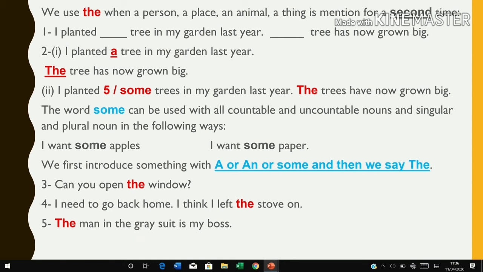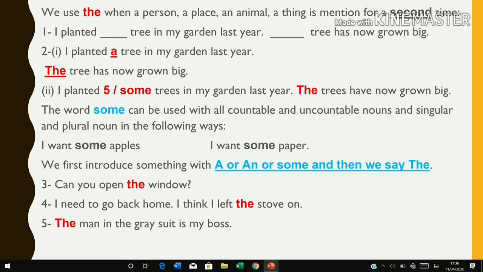It's confusing, isn't it? But what if I say the man in the gray suit? Now you know which man I am talking about. So here I mentioned the noun first, and then I gave information about the man with the, to identify the man in the gray suit.